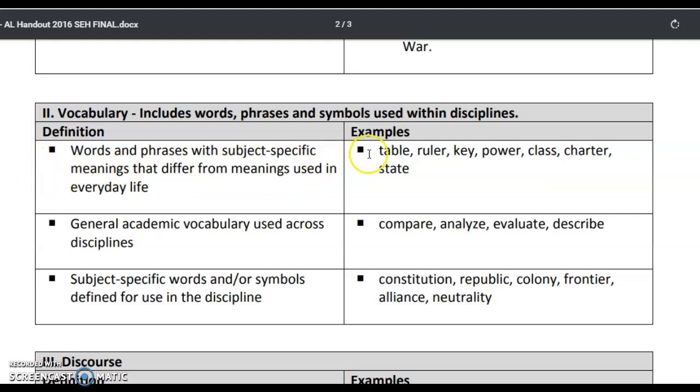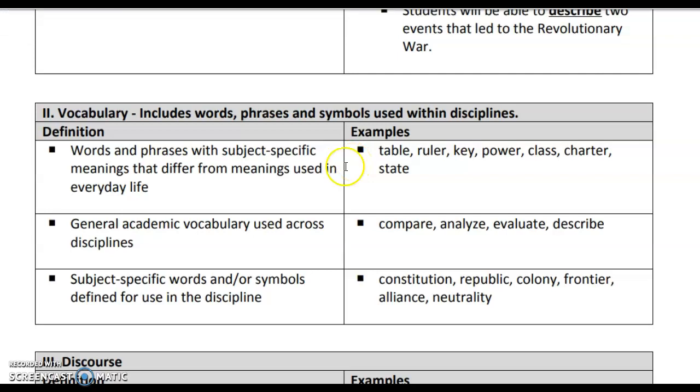So, something like table, which to an average student or learner would mean like a kitchen table, but in our subject specific area like history, social science, a table could be like a graph or a chart which would indicate, you know, income disparities between minority groups or things like that.